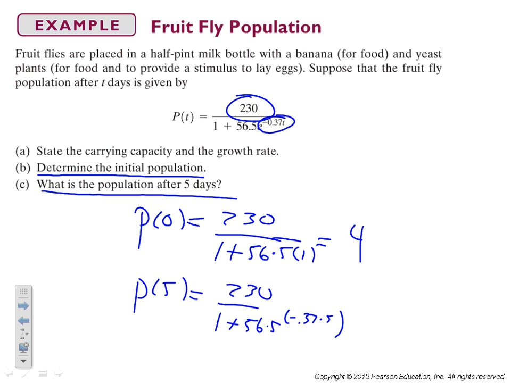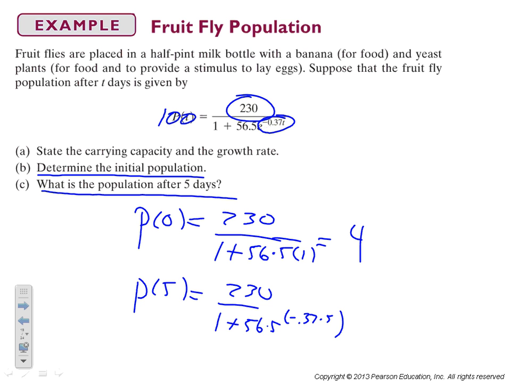The other question that could be asked is, how long will it take for the population to reach 100? In which case I would simply put 100 on this side and solve that. So, not a great deal of difficulty.